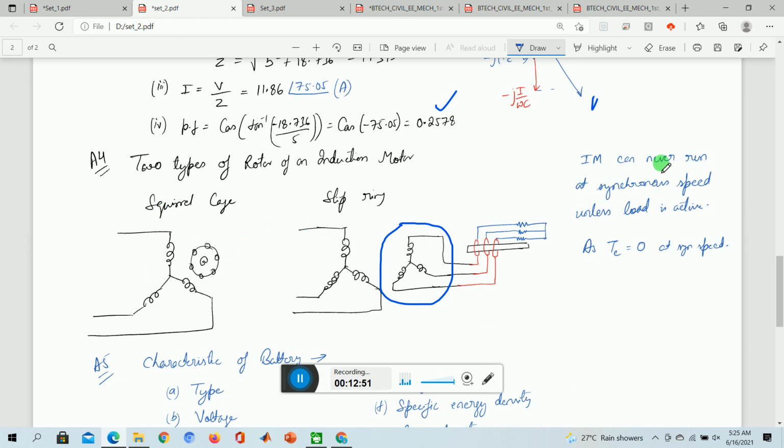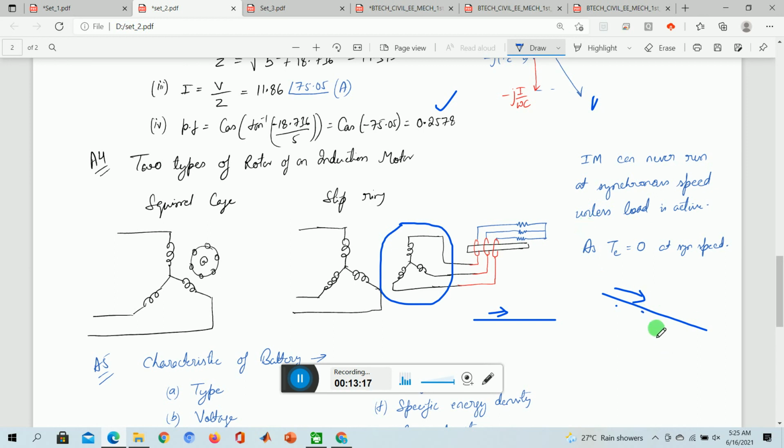Another point is that an induction motor can never run at synchronous speed. Yes, unless the load is active. But suppose you are moving on a straight road like this, so obviously the induction motor can never run at synchronous speed. But if there is an incline downward, then there is a possibility that the induction motor can have higher speed than the rated value.